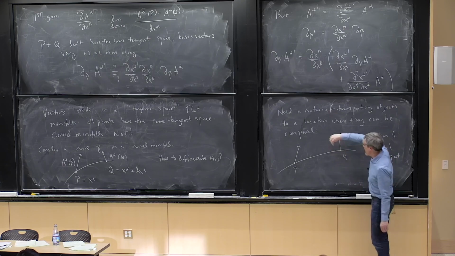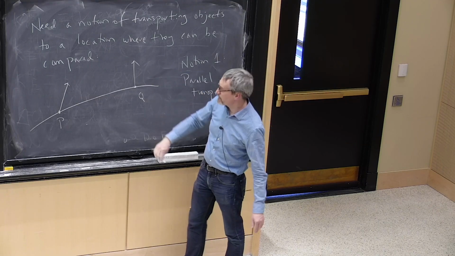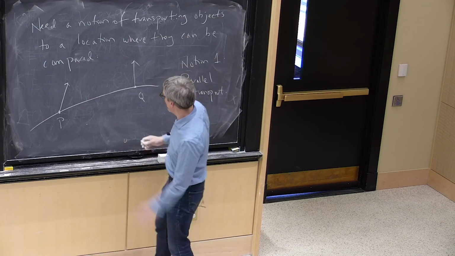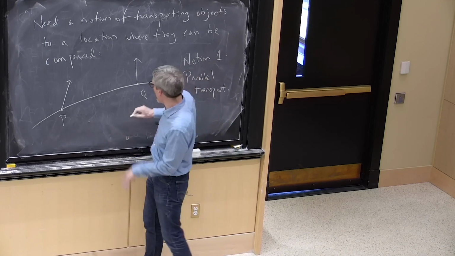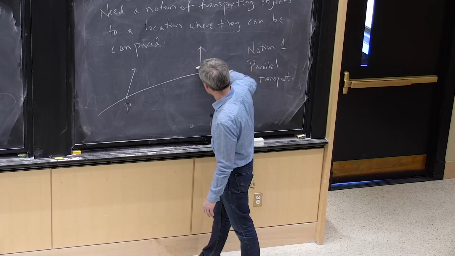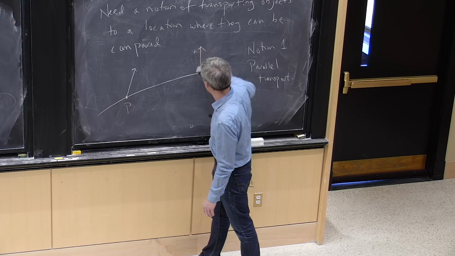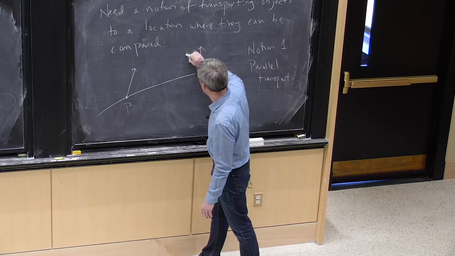What that's essentially going to mean is I'm going to say, well, let's take one of these guys, either Q or P. The way it's drawn in my notes, I've used Q, but it could be either. And let's imagine I sort of slide it parallel to itself.